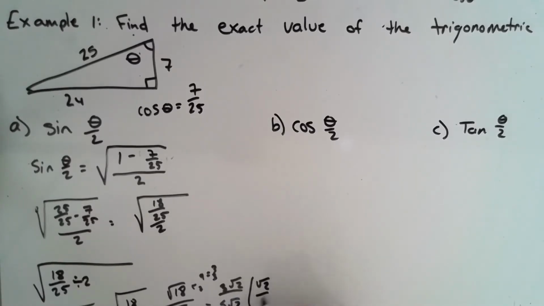And then square root 2 over square root 2 gives us 3 times 2 is 6, 5 times 2 is 10, which gives us 3/5.